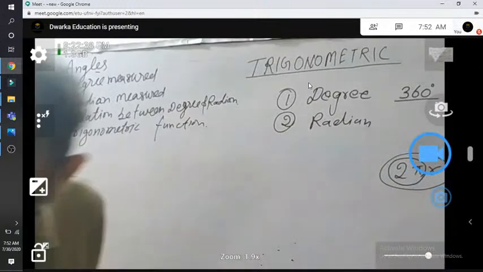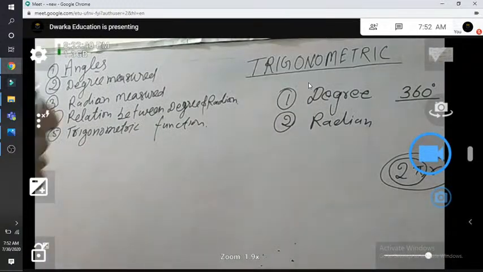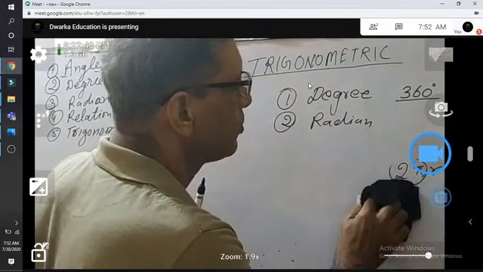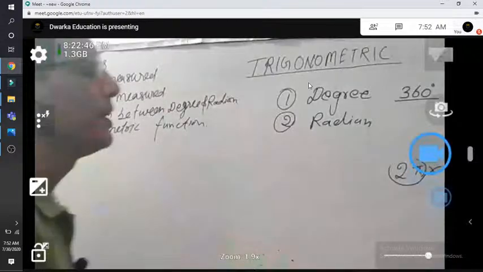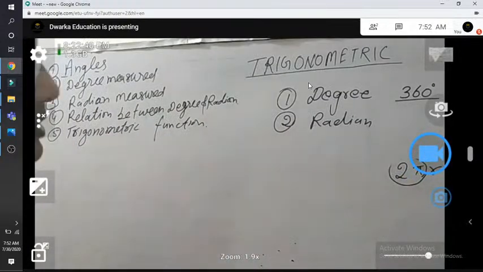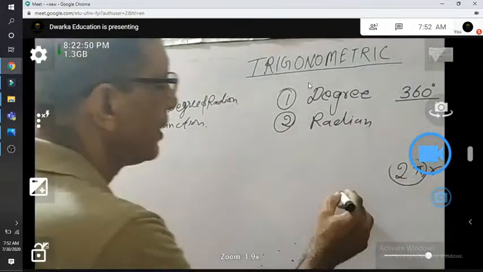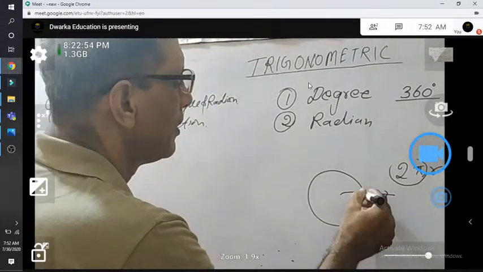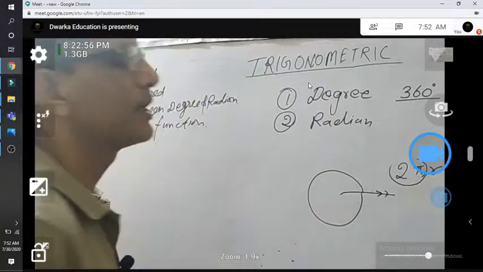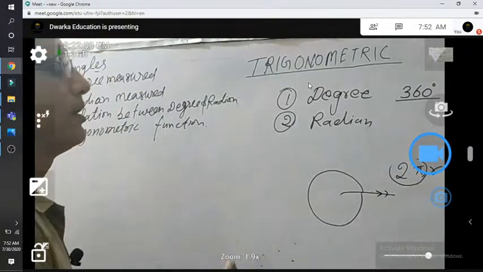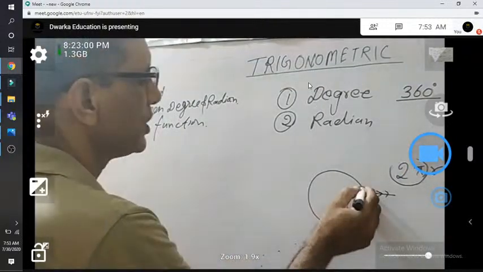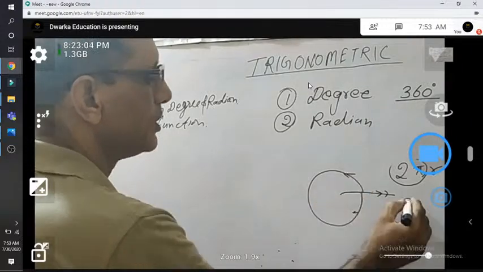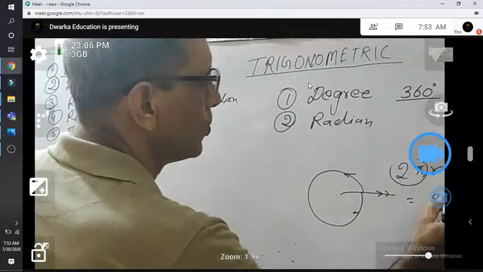2 pi means a complete cycle. 2 pi means a complete circle. If it completes a circle, then we can say that the angle from this point to this point is equal to 2 pi radian.